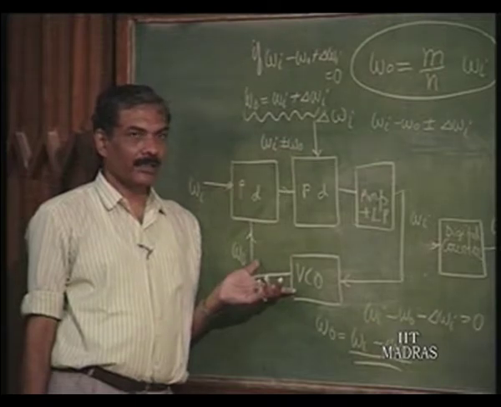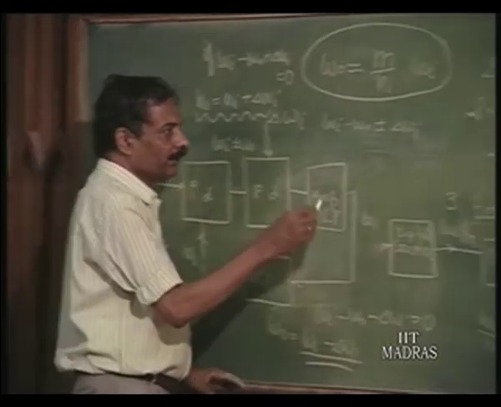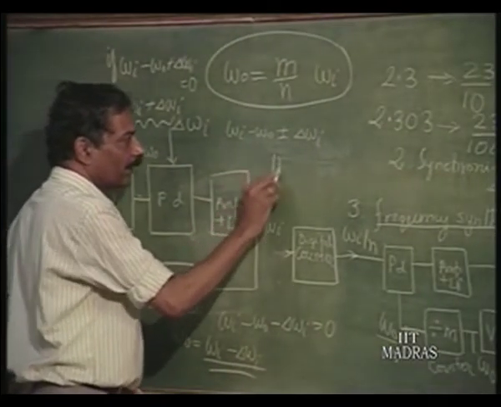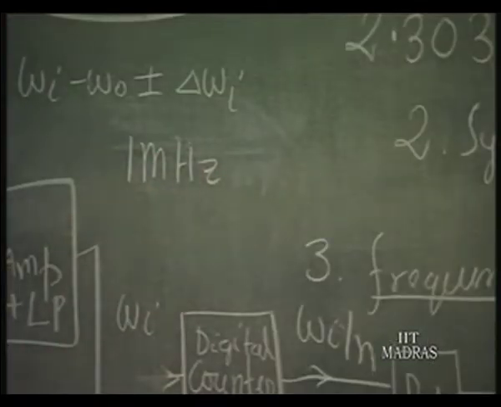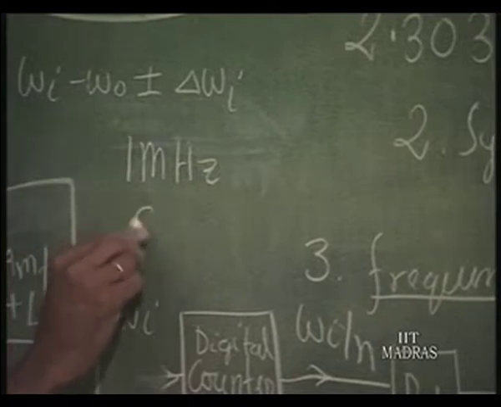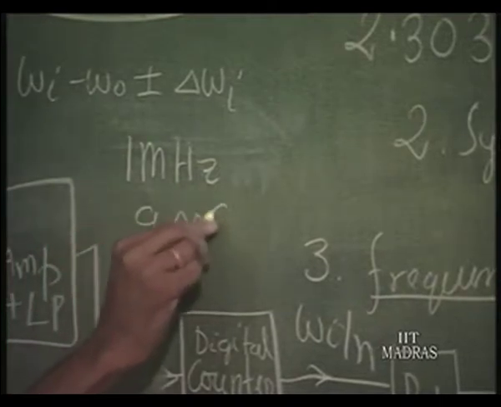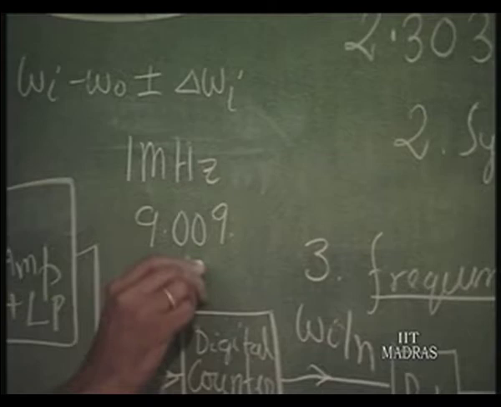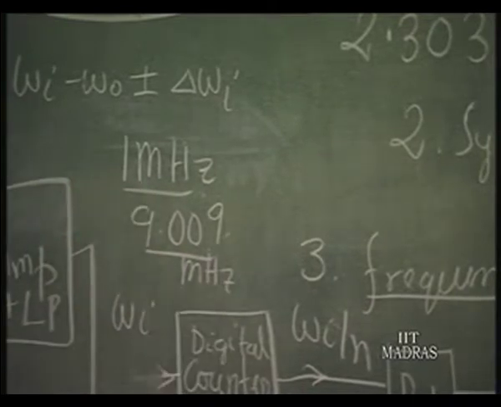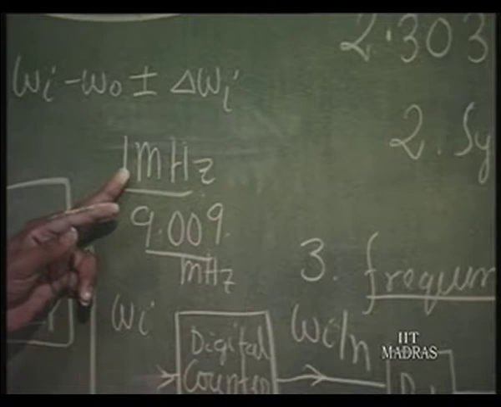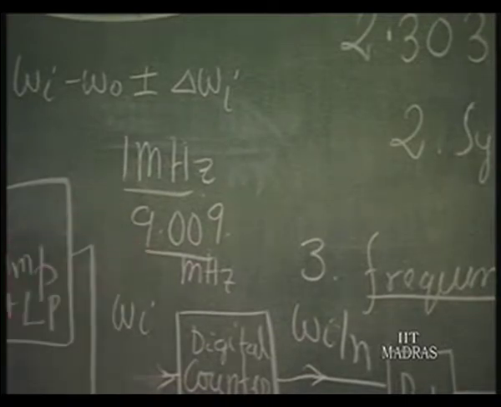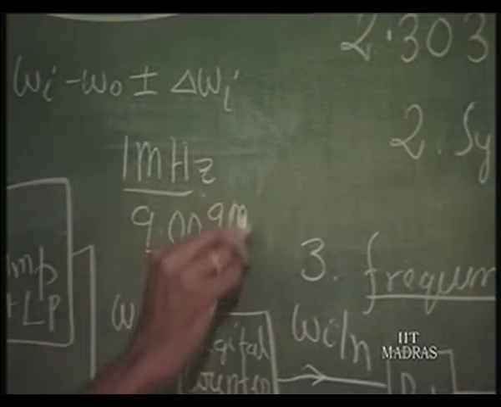Let us say I would like to generate from 1 megahertz a frequency of 9.009 megahertz. Okay. Take this as a problem. From 1 megahertz generate 9.009 megahertz.